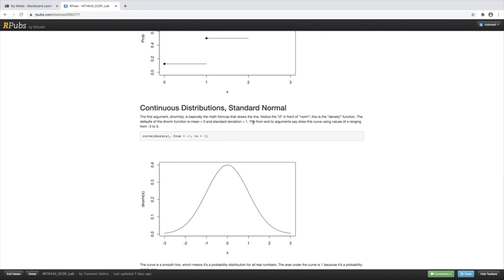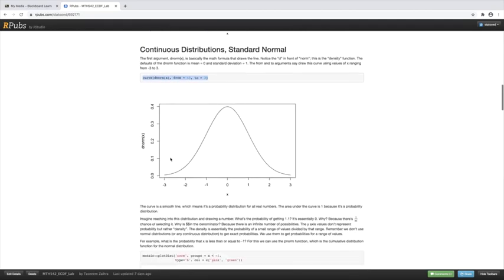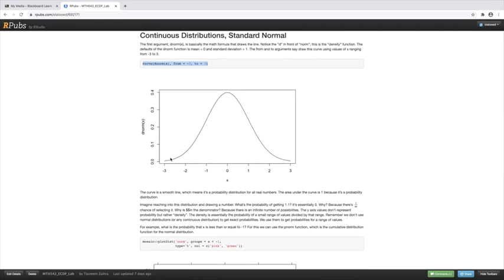The arguments say draw this curve using values x ranging from -3 to +3. So that's what the standard normal curve looks like. That's all we have done using this command here. The curve is a smooth line, which means it's a probability distribution for all real numbers. The area under the curve is 1 because it's a PDF, or probability density function.